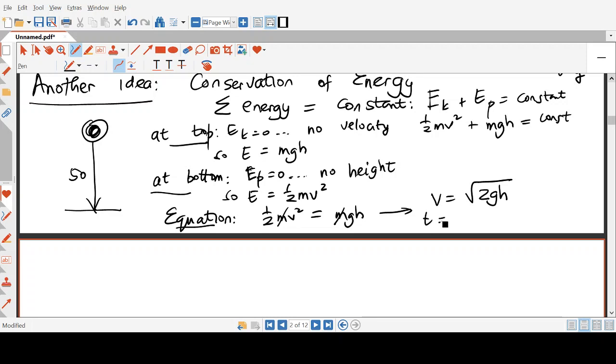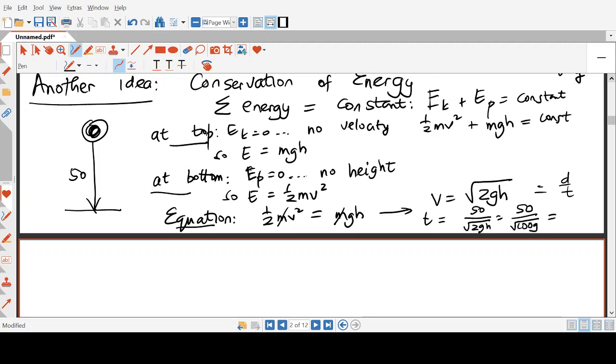And for the time, speed equals distance over time. I want to know what the time is. The time will be distance over the velocity. It will be 50 over root 2gh. The height is 50, so it will be 50 over root 100g.